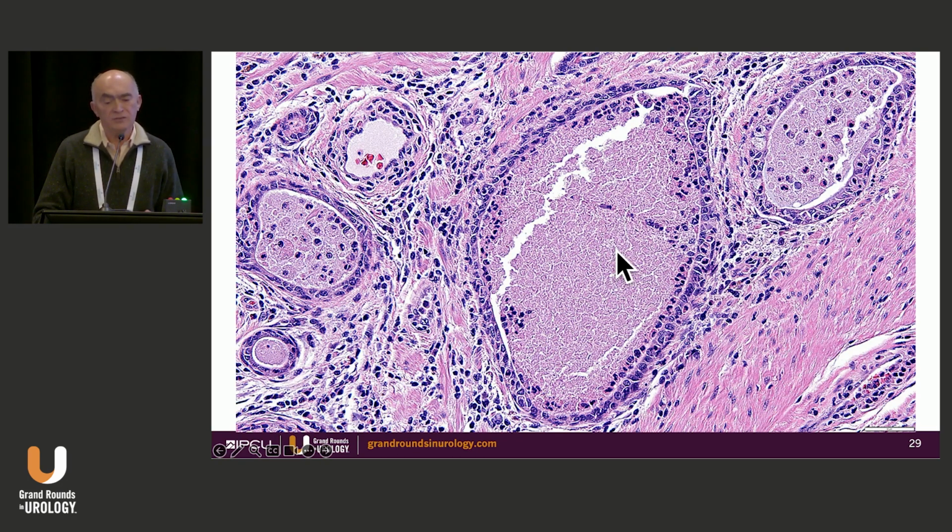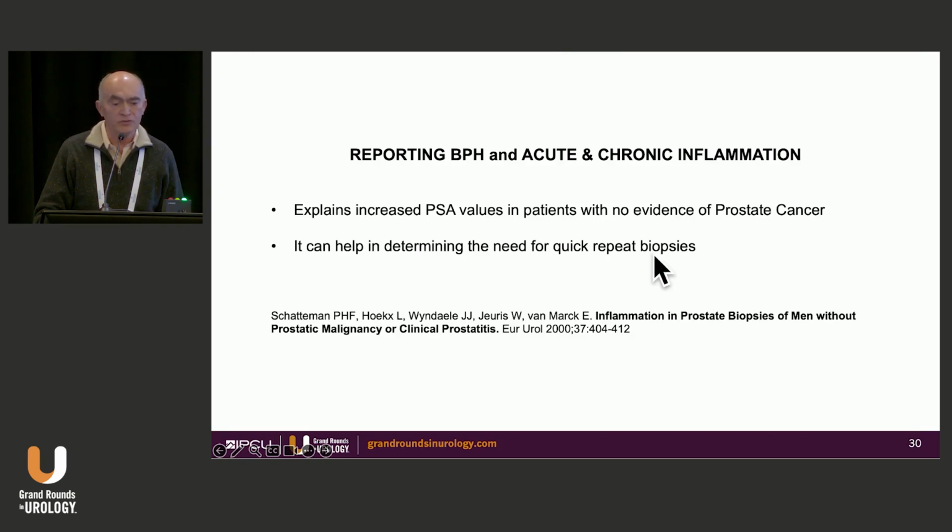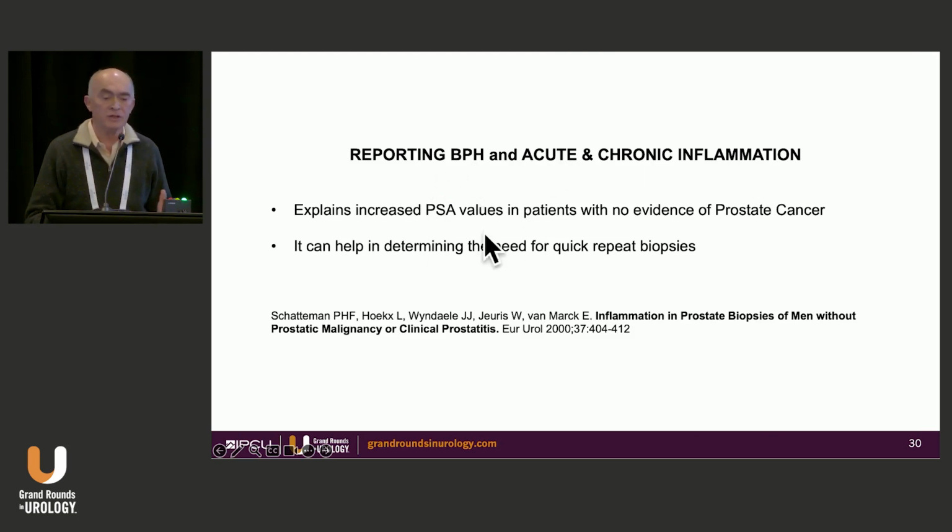The presence of these inflammatory processes is extremely important to consider, and the reporting of BPH and acute inflammation is an important element in the pathology report, and you need to always, as I mentioned before, have this good relationship with your pathologist.